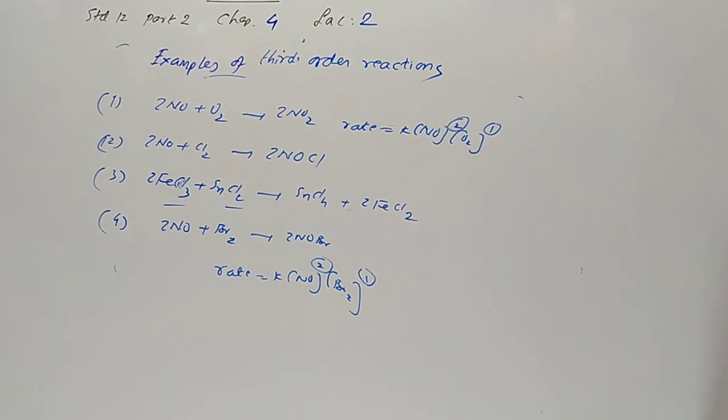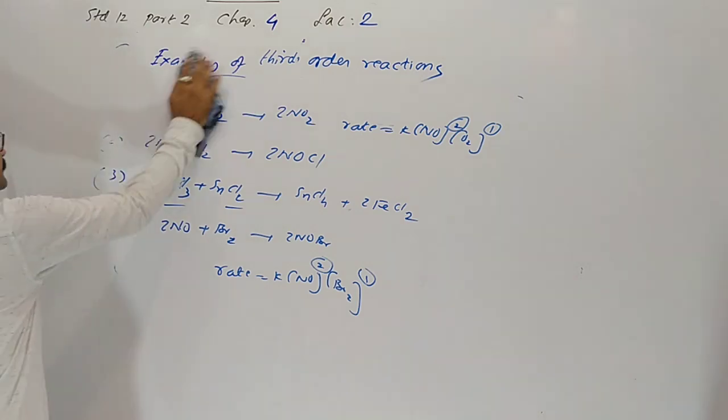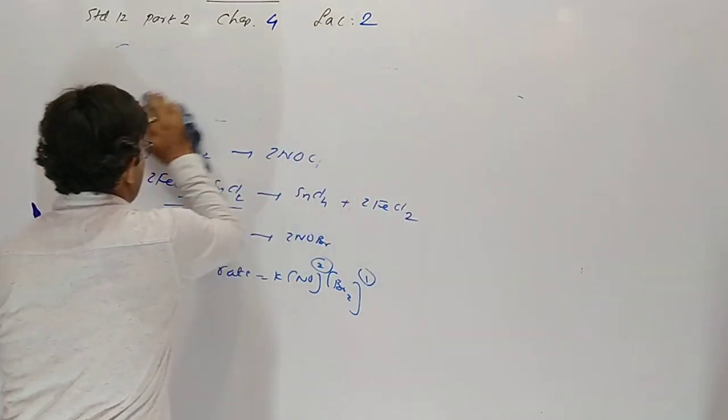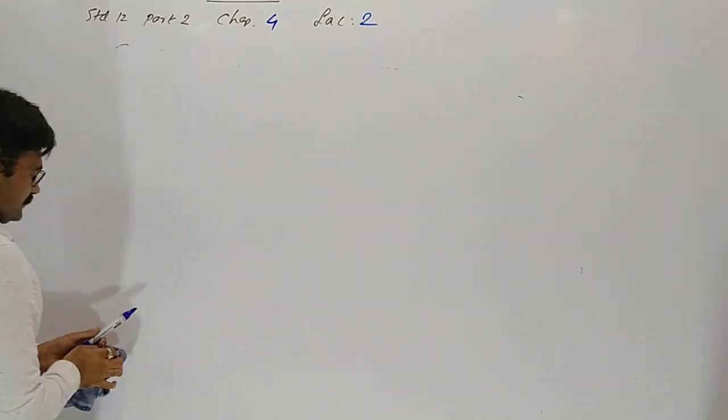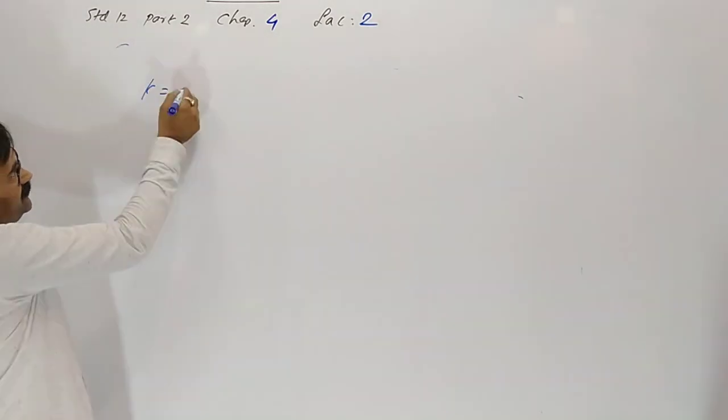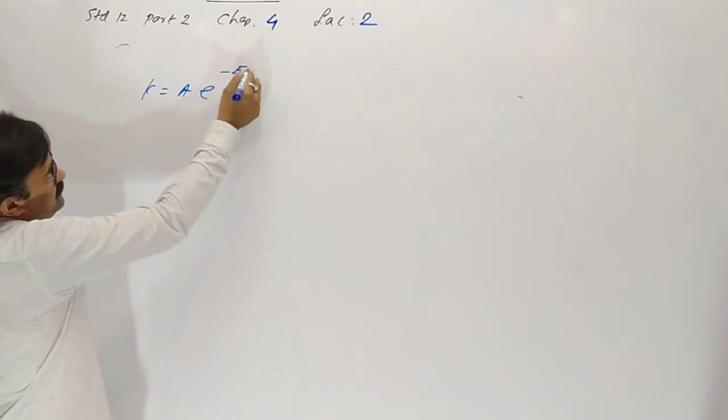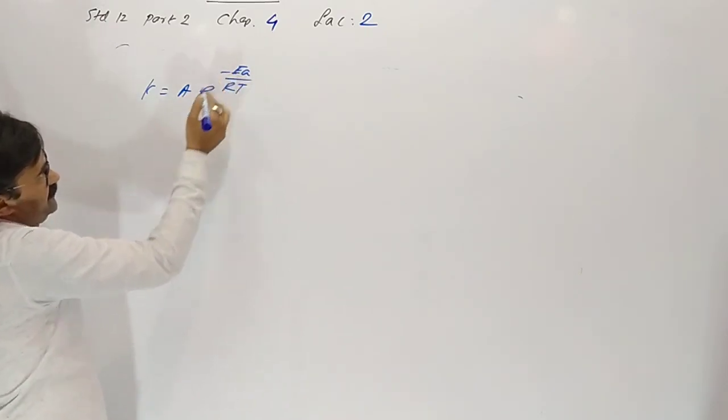Now the last point of the day, we know about the Arrhenius equation. In the Arrhenius equation, K equals A e raised to minus Ea upon RT.